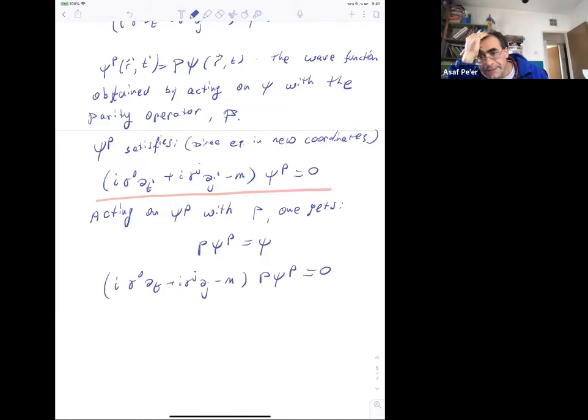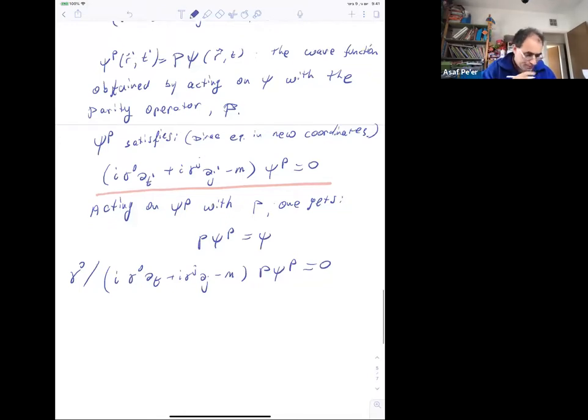So now I'm going to multiply this by gamma^0 from the left and express the derivatives in terms of the new coordinates. So I get i gamma^0 d_t, but d_t and d_t' are the same because the time is not changed.